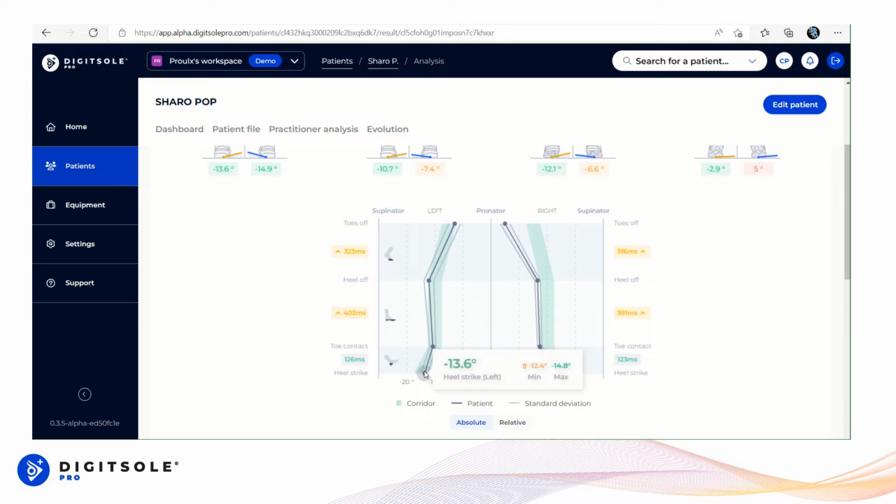The other thing you'll notice is that there's a min and a max. That's actually the standard deviation of the mean of that negative 13.6 degrees. It's represented here in these two grayed out lines on either side of the middle black line, which is going to be the mean. So you get a nice graphical representation of the standard deviation in the corridor.